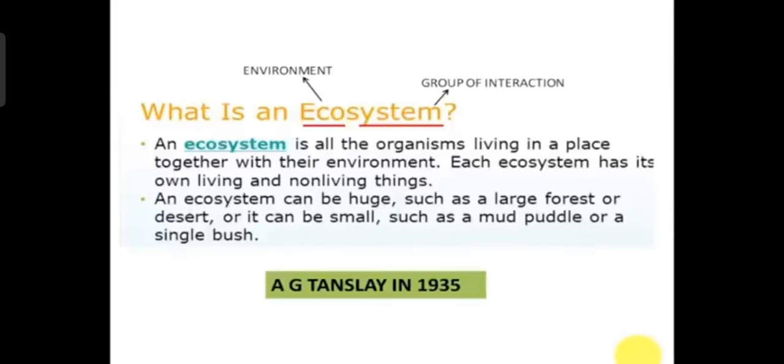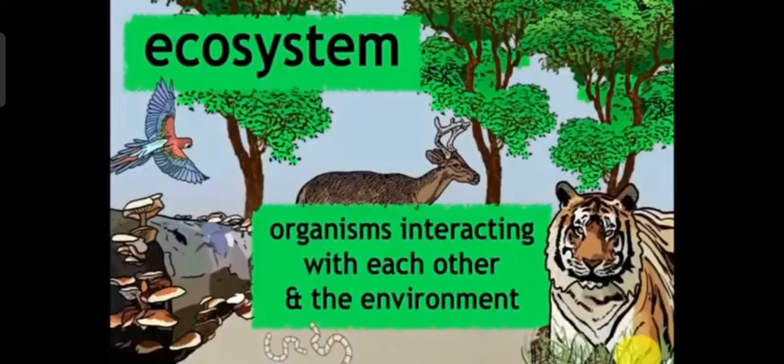An ecosystem can be huge, such as a large forest or an ocean or a desert, and it can be as small as a small pond or a mud puddle or a single bush. An ecosystem can be that small also. This word ecosystem was first given by A.G. Tansley in 1935, right?